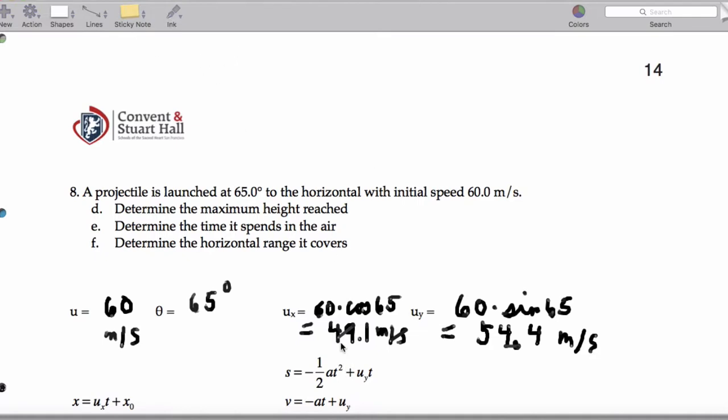Let me just correct this right here. So 60 times the cosine of 65, that speed is actually 25.4 meters per second. And so that gives us a more accurate calculation.